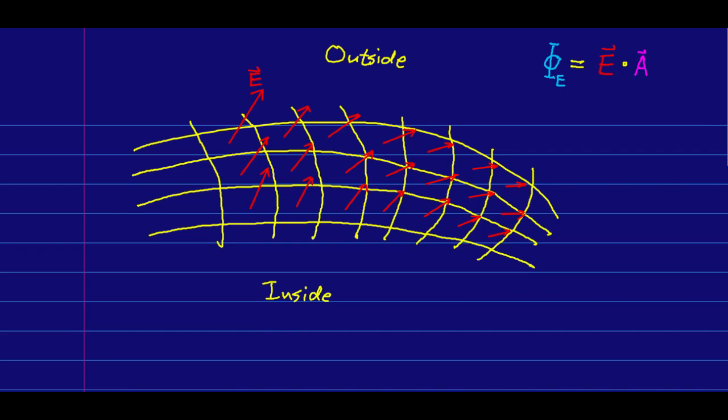And let's now think about how we deal with the flux through this. Well, the way we deal with it is a familiar way. We can talk about splitting the surface up into little chunks.